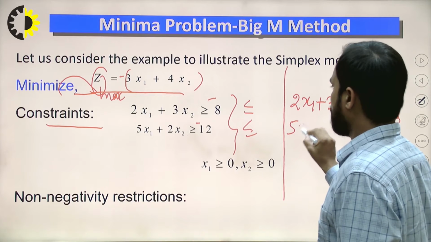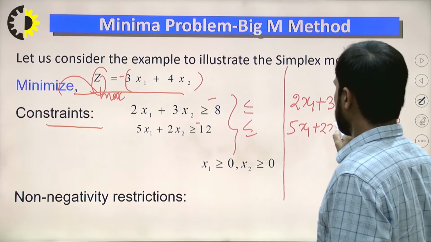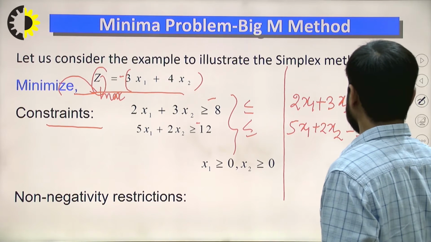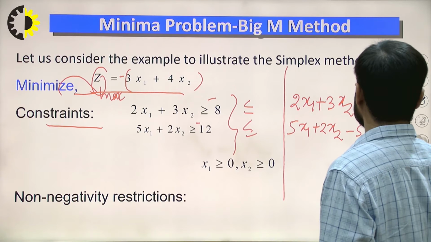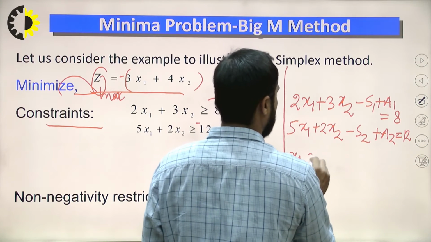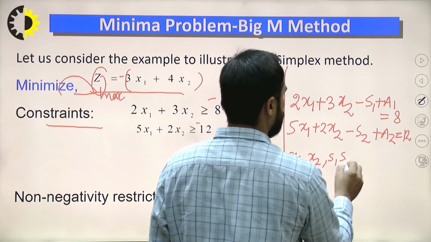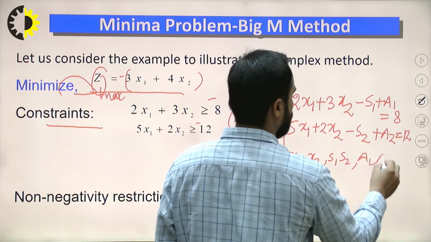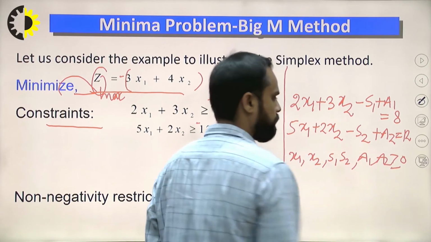Another, 5x1 plus 2x2 minus s2 plus a2 is equal to 12. And the non-negativity restriction becomes x1, x2, s1, s2, a1, a2 greater than or equal to 0.